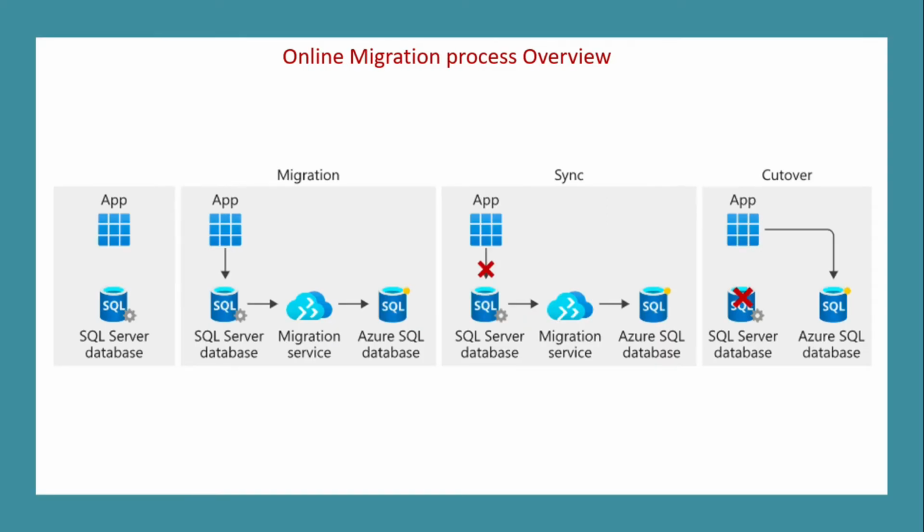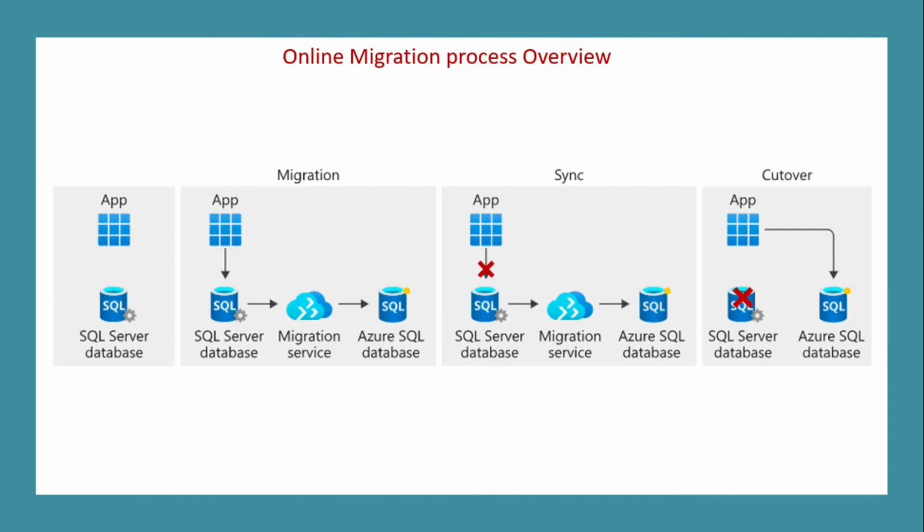And in online migration, if you see at the extreme left, the app and the DB, all is fine. During the migration, when the migration service is in place, the app is still connected to the DB and transactions are happening. And after the target is ready, there is one stage where you make a sync by disconnecting the app from the source and putting it to the target.